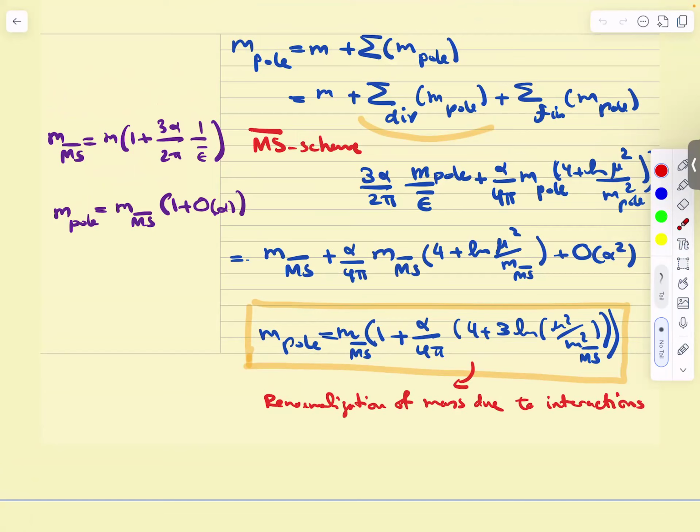Charge renormalization was infinite as well. The thing that's physical is the subtraction. So we define the MS bar mass, some divergent mass that we've defined. So what we're going to do is write down the pole in terms of this MS bar mass.